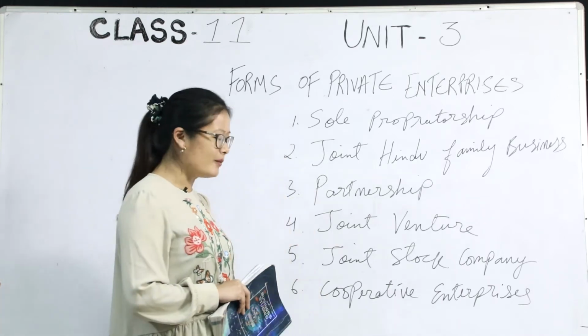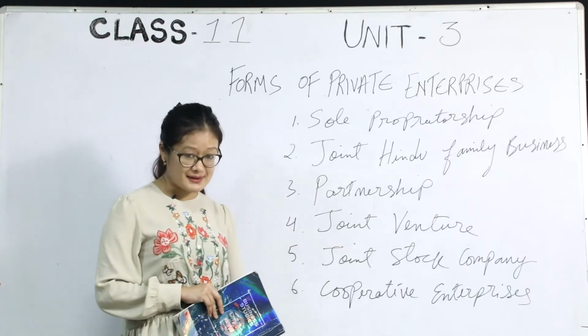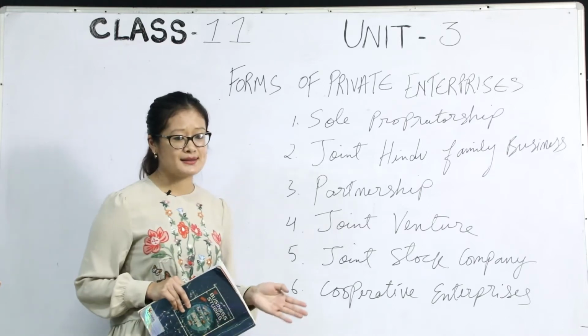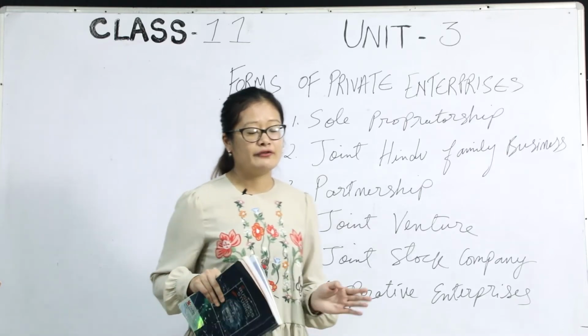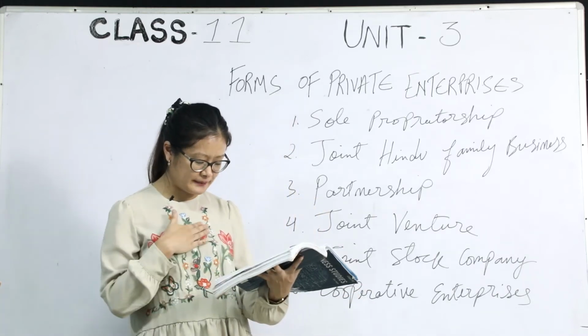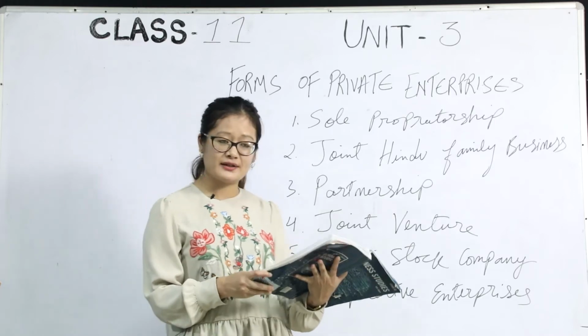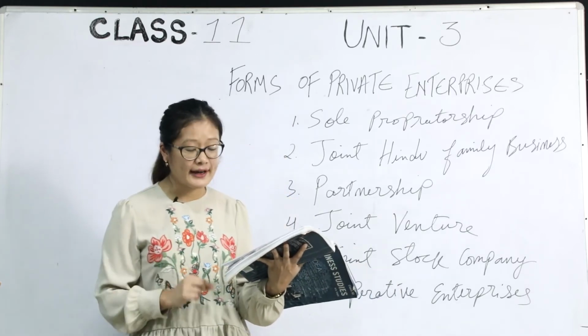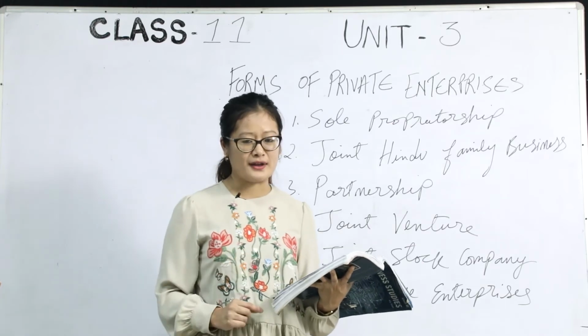And the last form is cooperative enterprises. This is about forming a society. It is all about forming a society. And this cooperative enterprise is registered under the Cooperative Act 1921, all right?